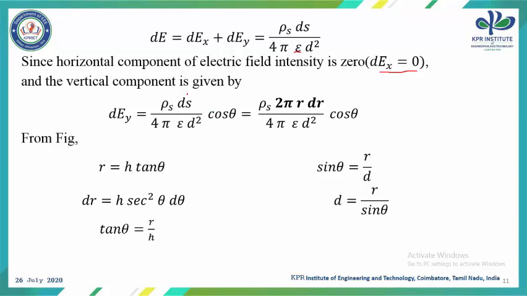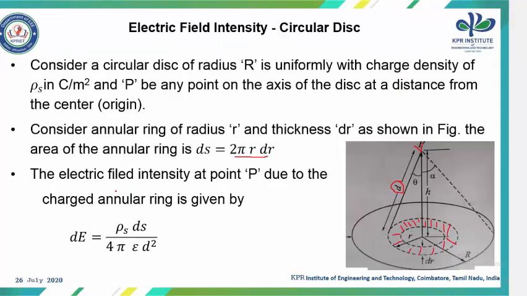Now you want to change only two values. One is the differential surface ds, the next one is d squared. What is ds? You already know that ds equal to 2 pi r into dr. What is d squared? You want to find d squared from the figure. This r you also want to find from the figure. From the figure, let us find tan theta. What is the formula for tan theta?